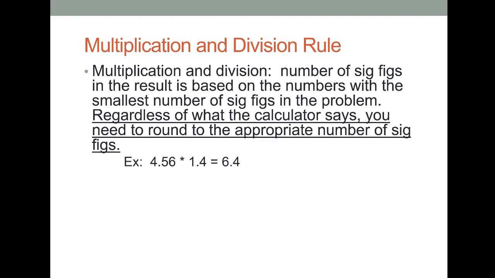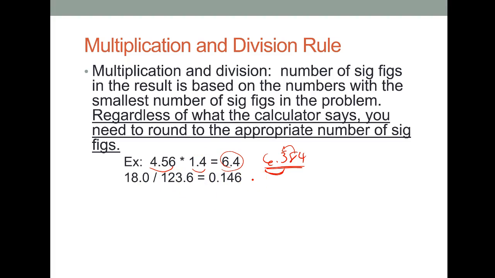So if I do this calculation on my calculator, it says 6.384. Well, this has 3 sig figs, that has 2. That means my answer cannot be 6.384. It has to only have 2 sig figs. The 8 rounds up the 3. 6.4 is my answer.